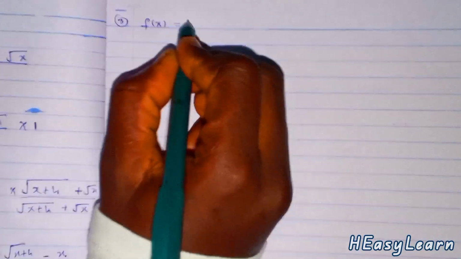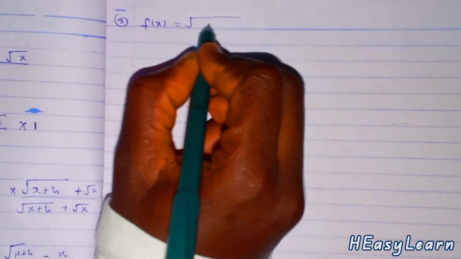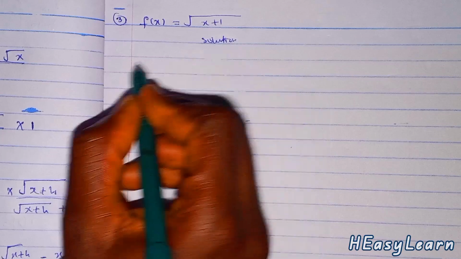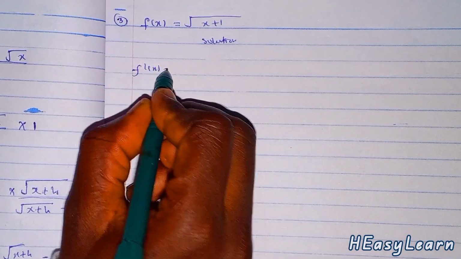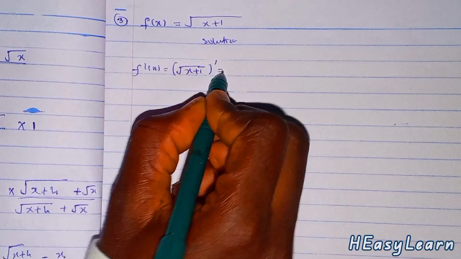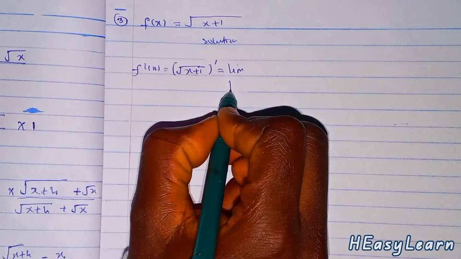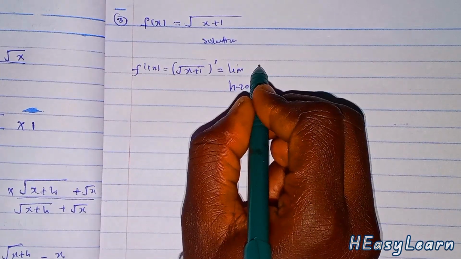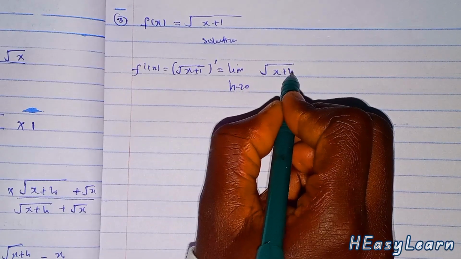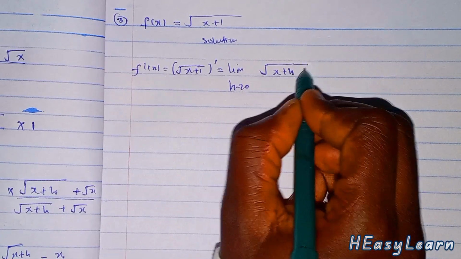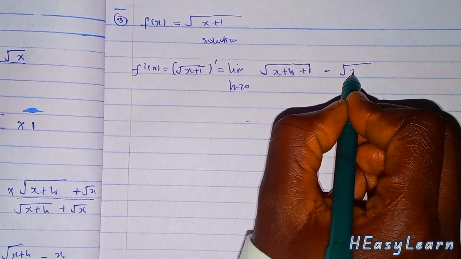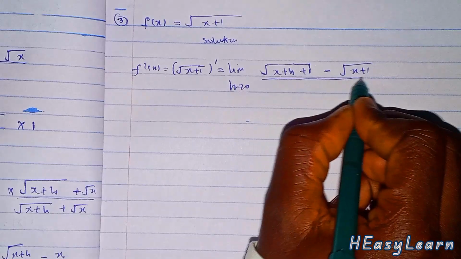Given the function f of x equals square root of x plus 1, to use first principle to find the derivative of the function, square root of x plus 1, limit as h approaches 0. Anywhere there is x, plug in h plus x plus 1 minus the original function over h.